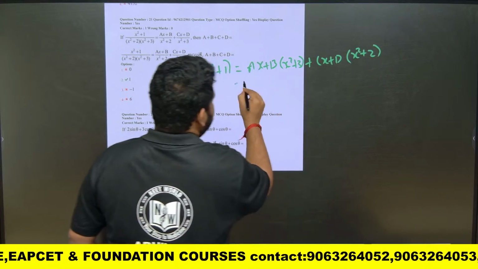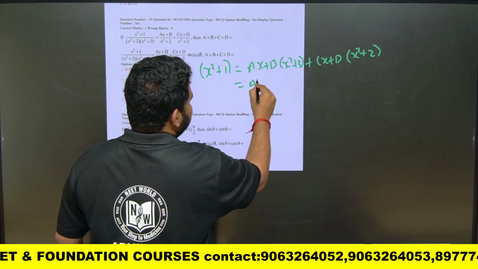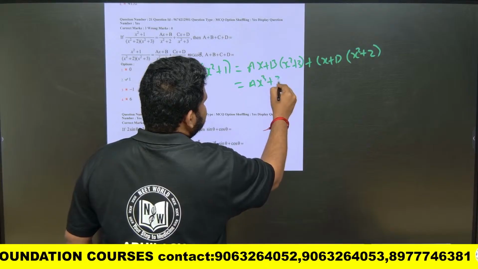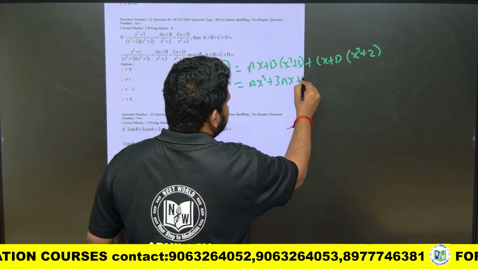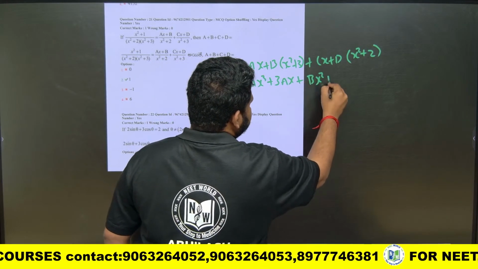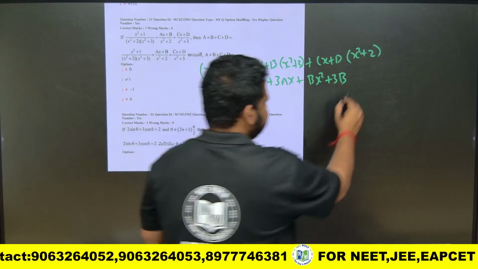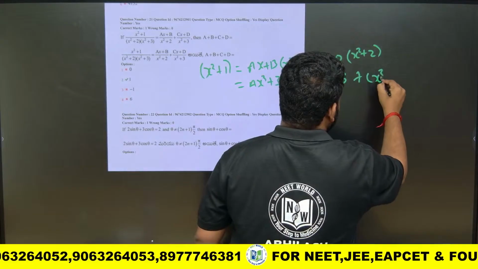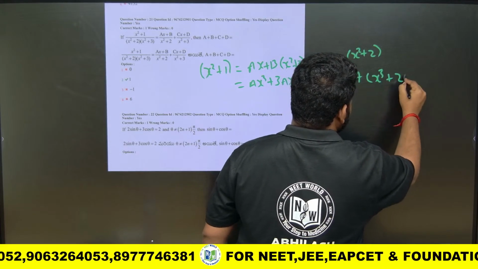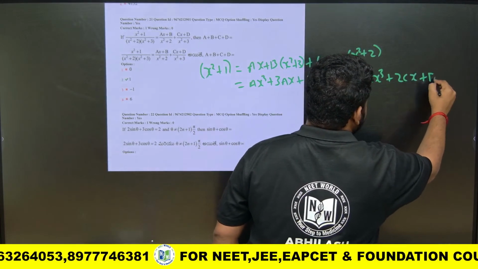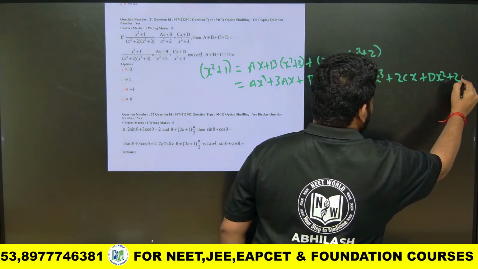Now, if I multiply here, what will I have? Ax cube plus 3ax plus bx square plus 3b, I am just multiplying so that I can equate the coefficients, plus cx cube plus 2cx plus dx square plus 2d.